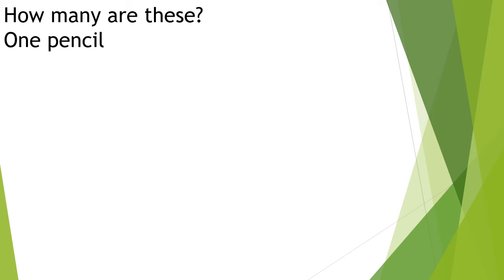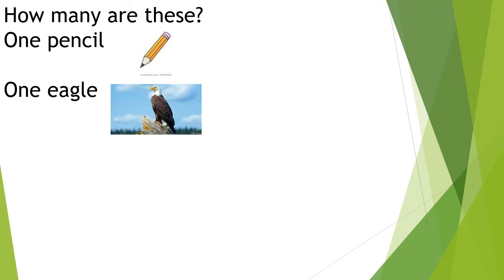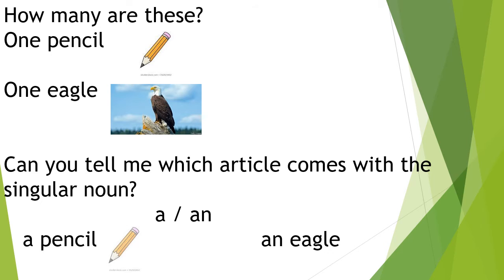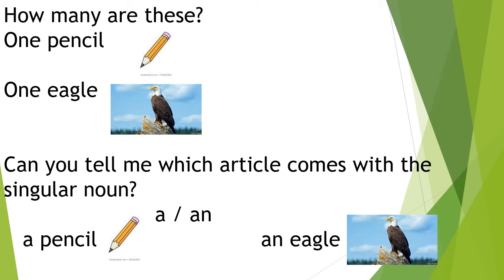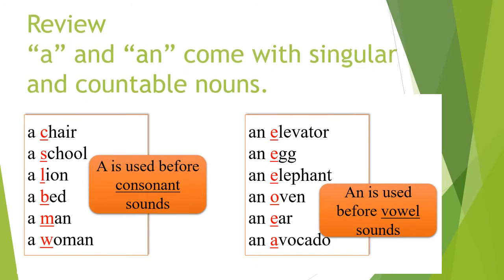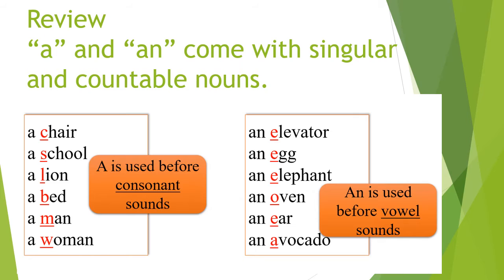I'll explain it to you a bit more. How many are these? One pencil, one eagle. Can you tell me which article comes with the singular noun, either a or an? A pencil. Very good. An eagle. Right. Let's review it. A and an comes with singular and countable nouns.